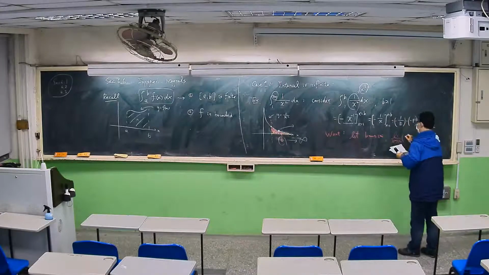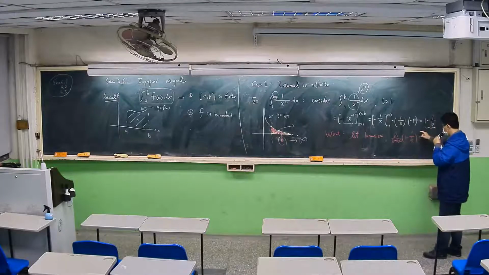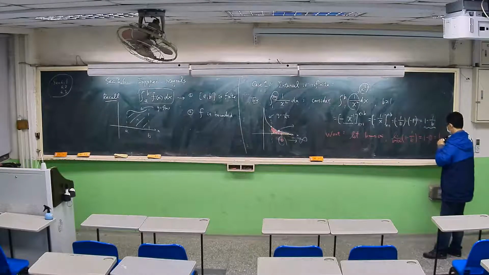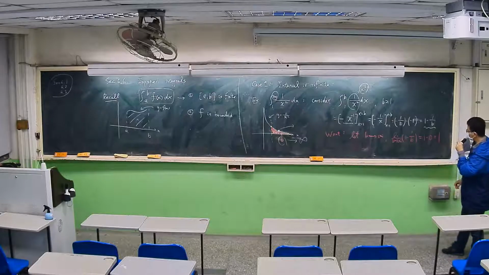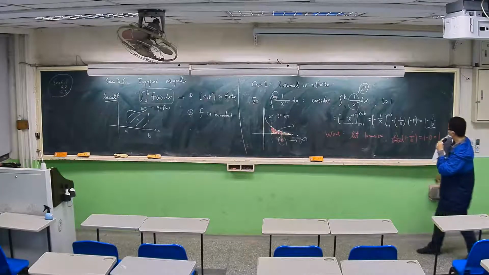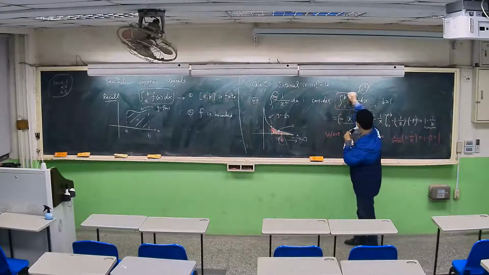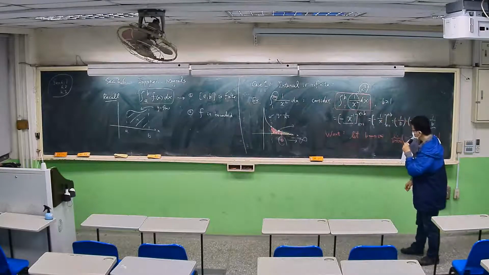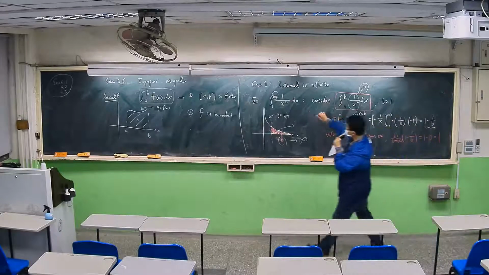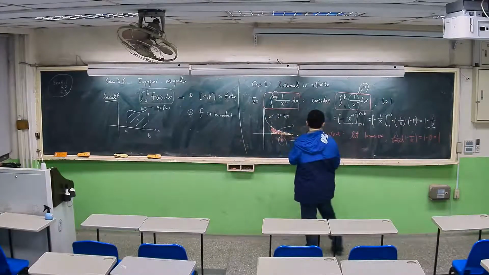This term will approach 1 subtract 1 over infinity, which is 0, so it will approach 1. So once we let b approach infinity, its limit approaches 1. Then in this case, we could define its integral.